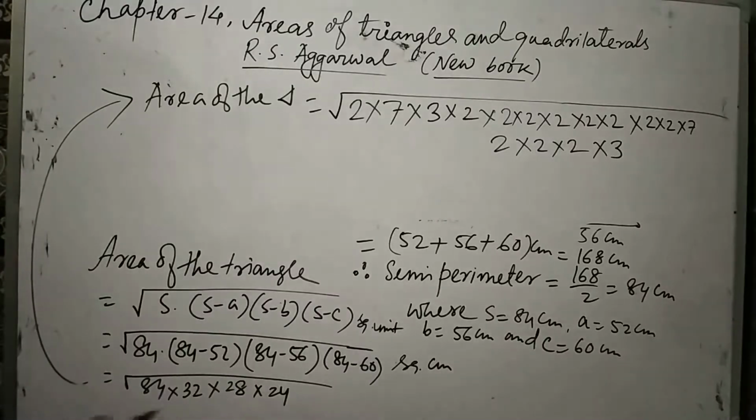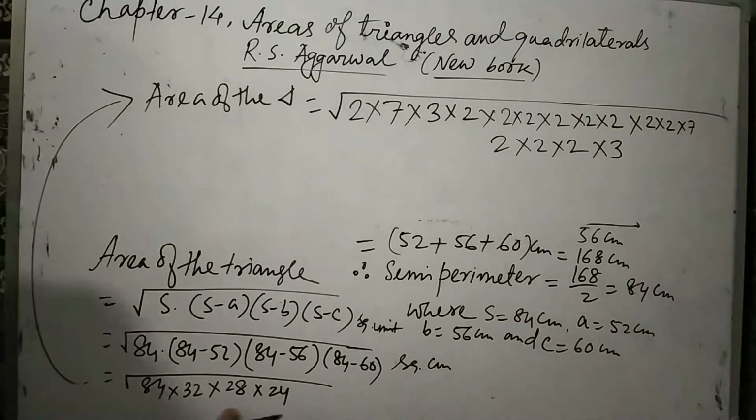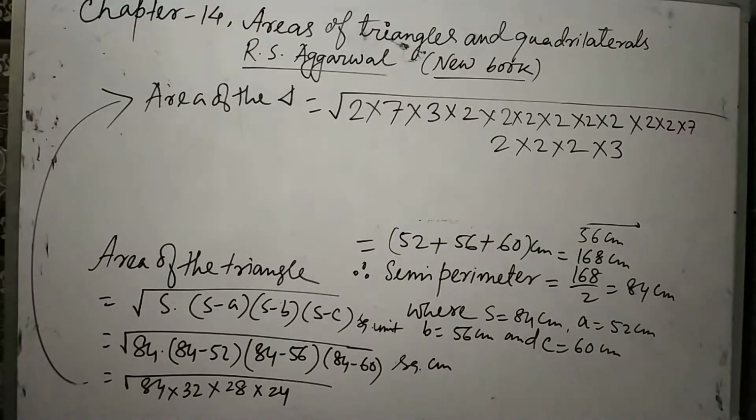So you have factorized all the numbers. Do not multiply them. The major mistake students usually make is that they multiply the whole number, then they factorize. No need to do that. Just factorize the individual numbers.